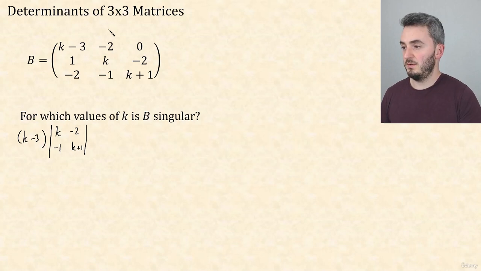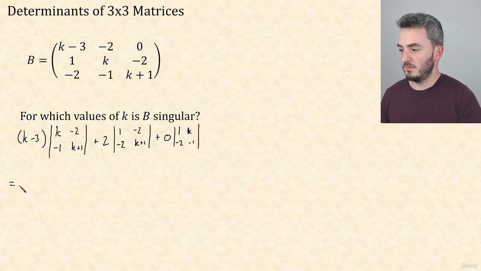Then minus 2, so plus 2, times the determinant of the numbers excluding the ones in the same row and column as that minus 2. So that's 1 minus 2 minus 2 K plus 1. And then plus 0 times all of this. We'll write it in for completeness, but we know that stuff is just going to be 0.